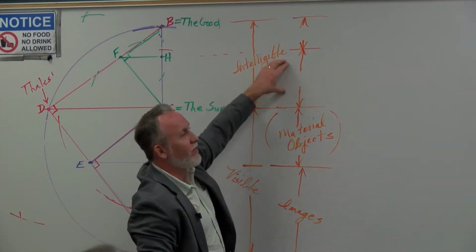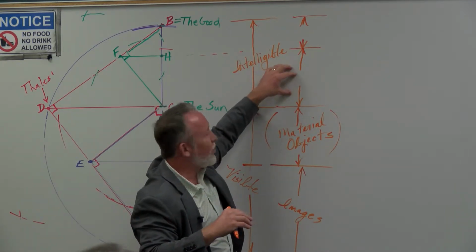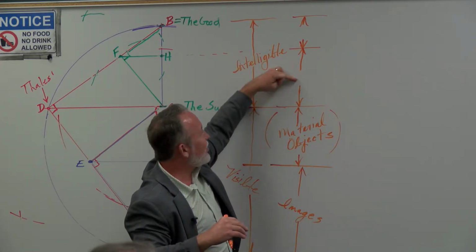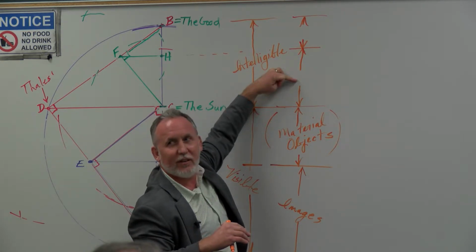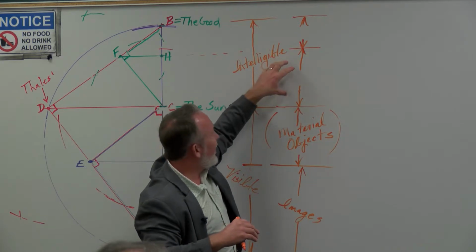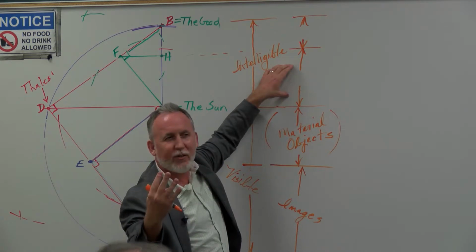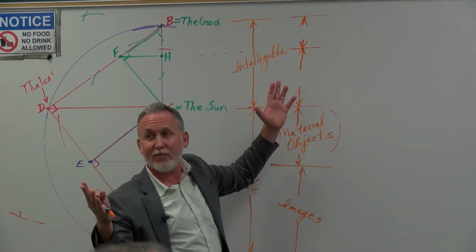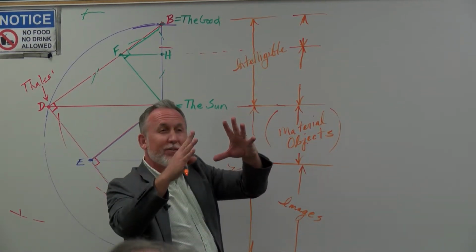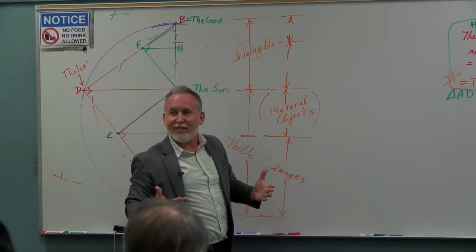And in this section of the intelligible realm, the mind thinks of material objects as reflections of this. So we come up with, let's say, a geological theory about how the mountains were formed. And then we're saying, well, the mountains actually reflect this geological theory, right?